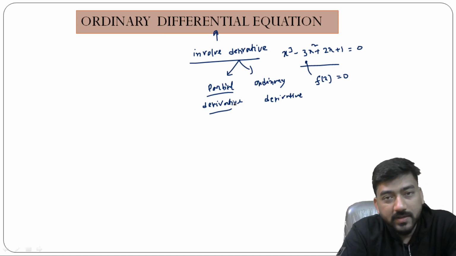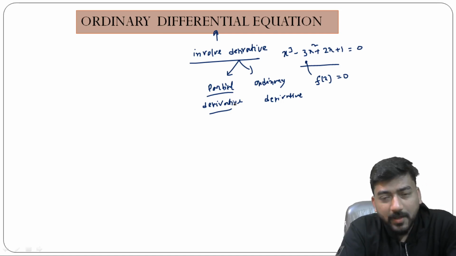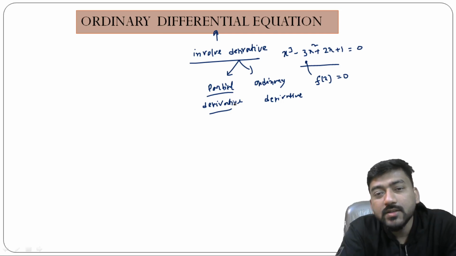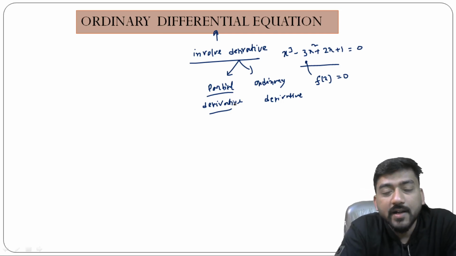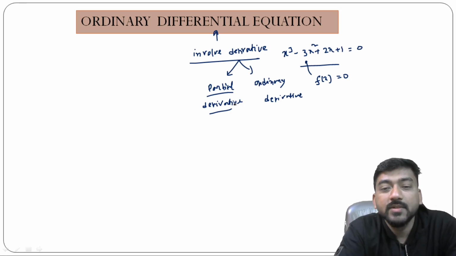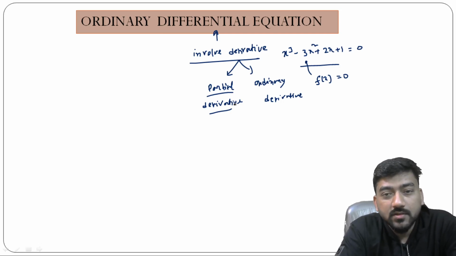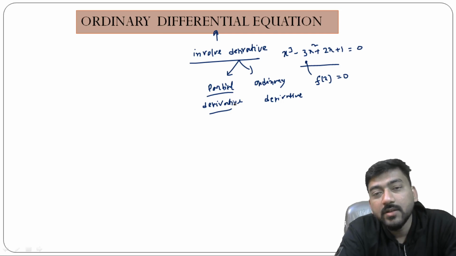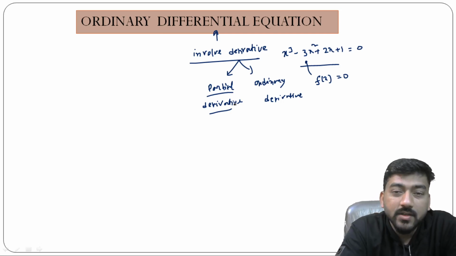Otherwise it is an ordinary differential equation. But the partial differential equation is beyond the scope of our syllabus. This is the syllabus of CSIR NET. So we don't go through this portion, but we will discuss ordinary differential equations, which involve simple ordinary derivatives, maybe the first order derivative, maybe the second order derivative.